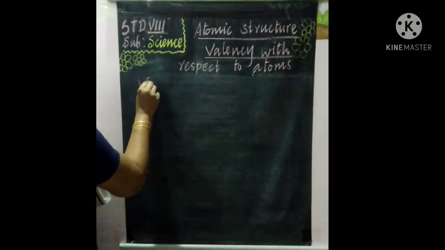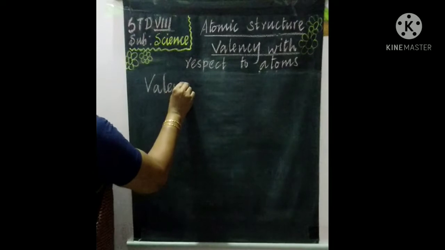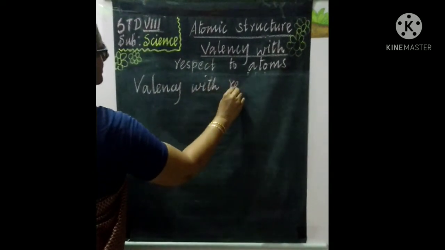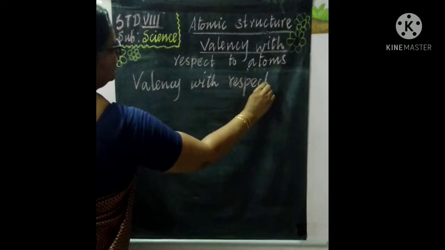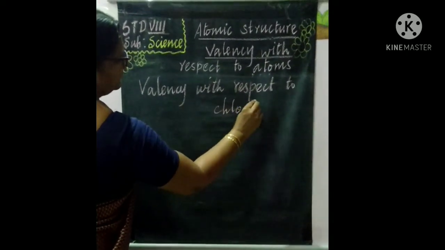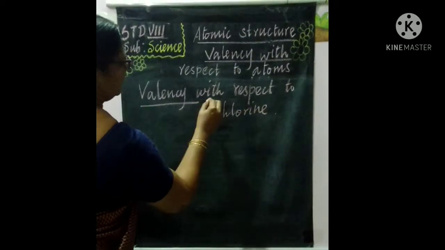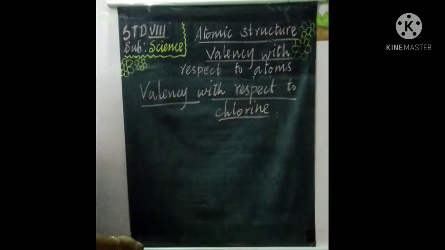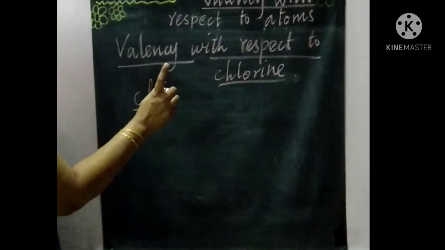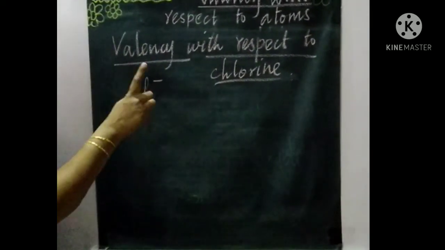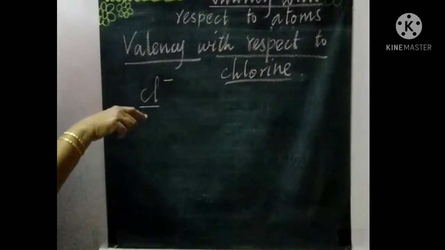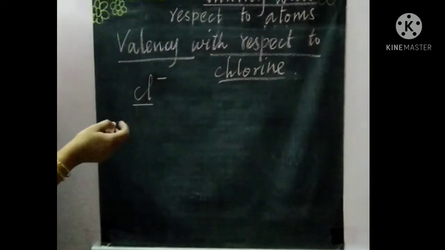Next, valency with respect to chlorine. You already know chlorine possesses a negative valency of 1. So the atom which combines with chlorine will get its valency.